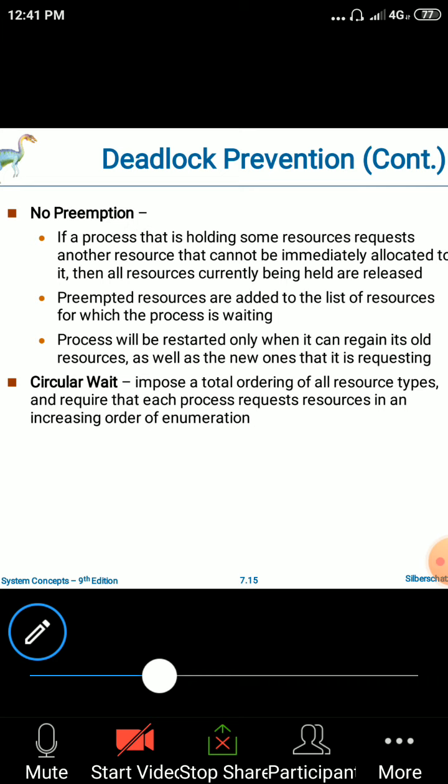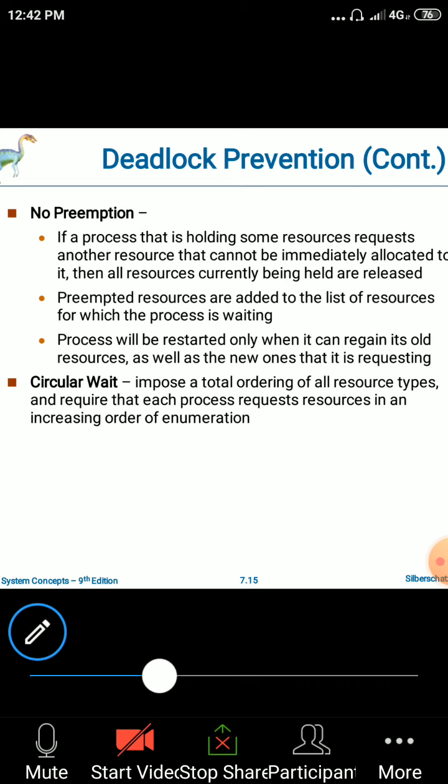The second method is: whenever a process requests some resources, first we check whether those resources are available. If they are available, we allocate them. If not, we check whether those resources are allocated to other processes that are in the waiting state.